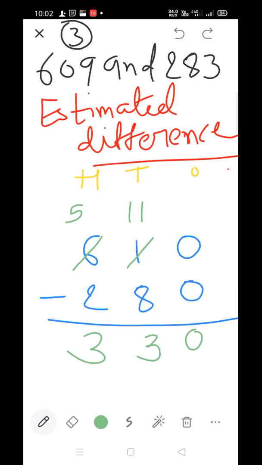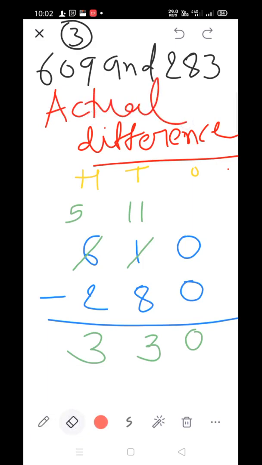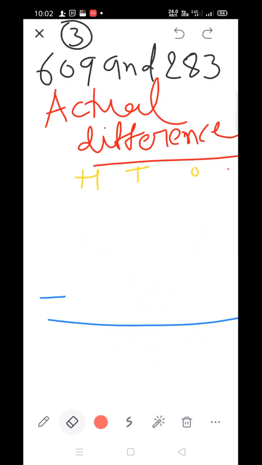Find the actual difference. Find out the actual difference and mute yourself. 609 minus 283.